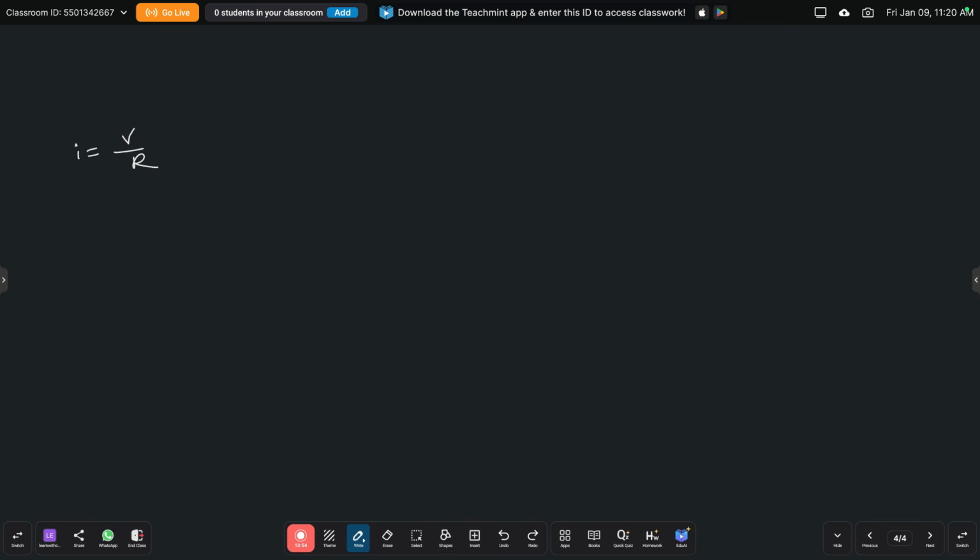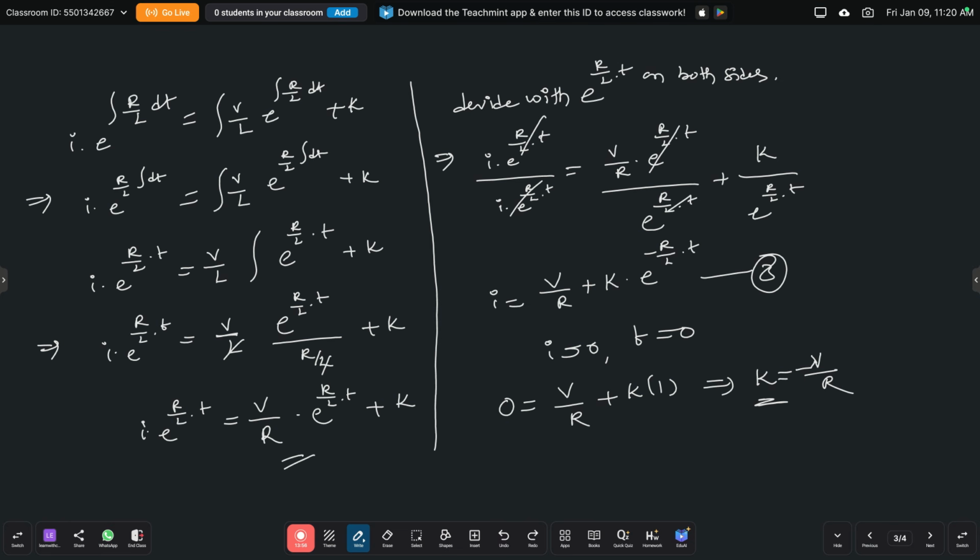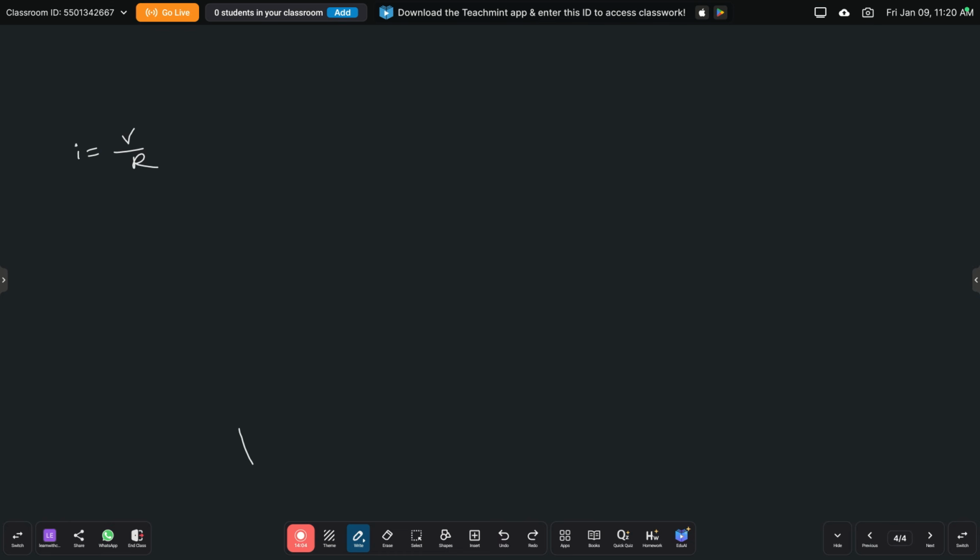V by R. By substituting we get I is equal to V by R plus, since we got a minus here, that is minus V by R into e power minus R by L into t. So V by R minus V by R into e power minus R by L into t.